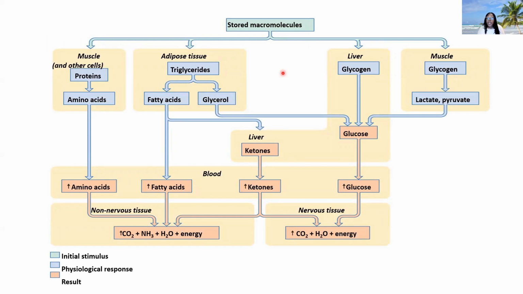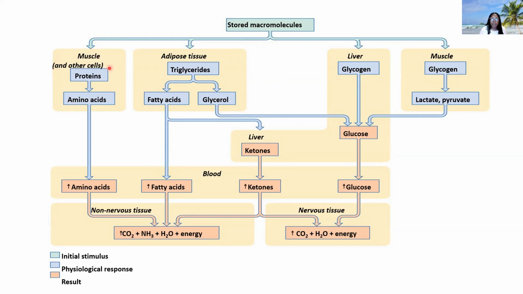All right, let's look at the flow chart or the logistics of how we tap into these storage forms of energy in the post-absorptive state. So we've got lots of stored molecules. And again, you've gone a long period without any food. So your body's going to start looking for anywhere that there are storage forms of energy so that we can tap into those for energy. So muscle will be a last resort.